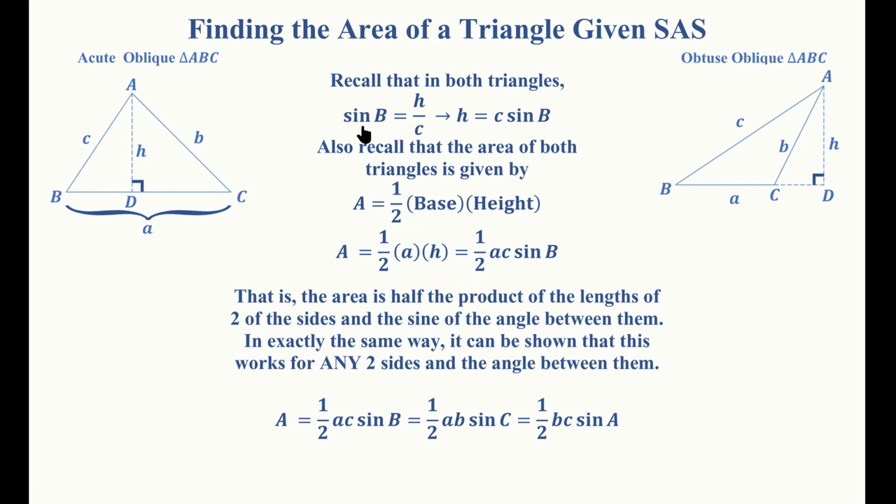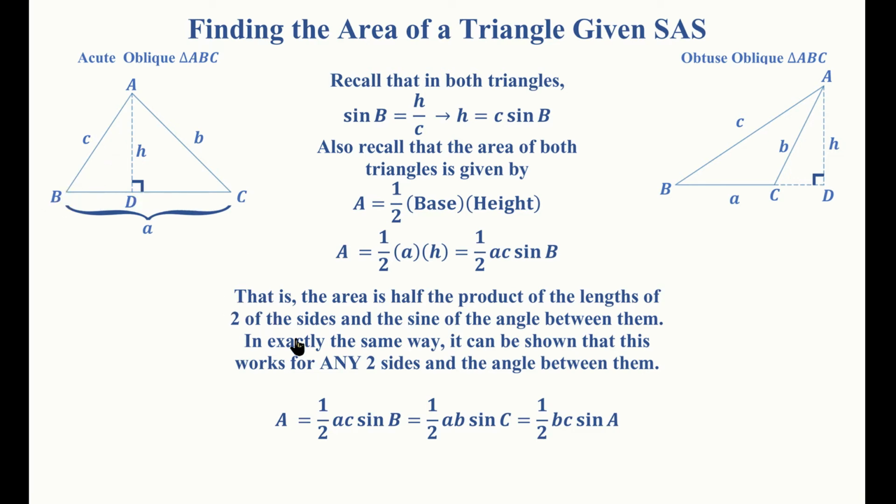But if you recall, sine of B is H over C, so if we quickly cross multiply and solve for H, we get H equals C sine B. So we can get the area by multiplying 1/2 by A by C and by sine of B, which is really nice because what we're saying is you can get the area by multiplying two sides that are given times 1/2 times the sine of the angle that is between those two sides.